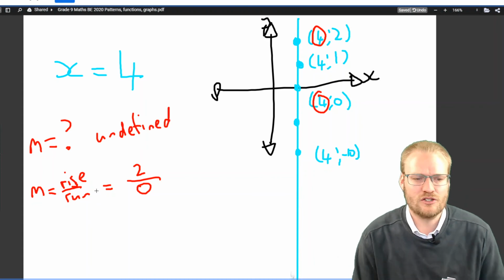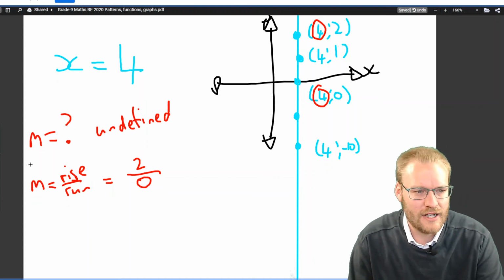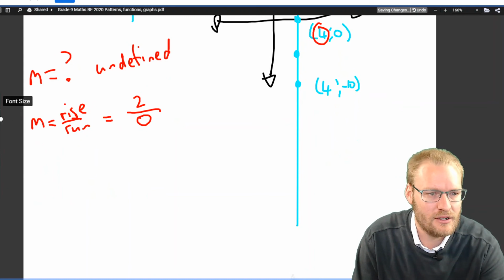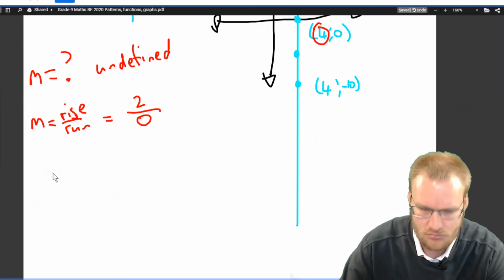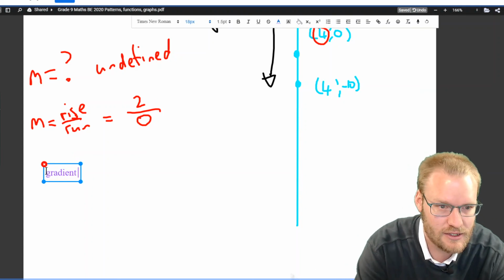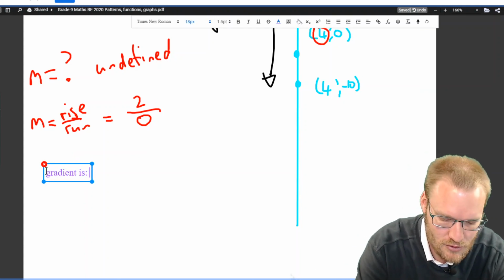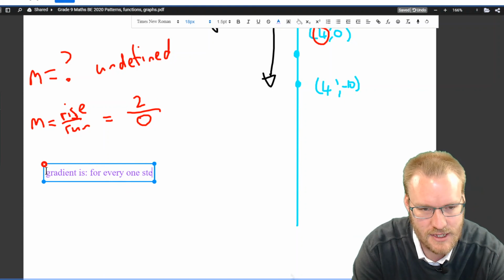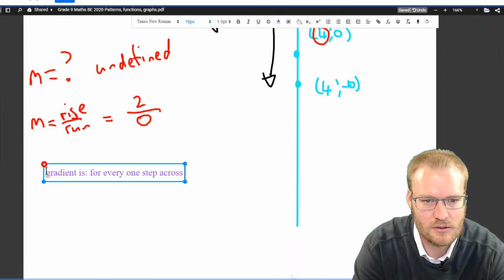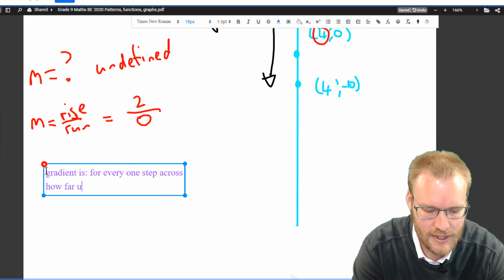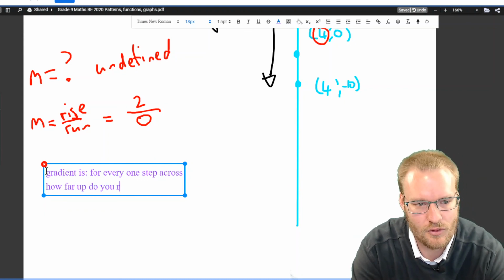Okay. Let's look at it in terms of gradient. We could also talk about gradient as: for every 1 step across, how far up do you rise?